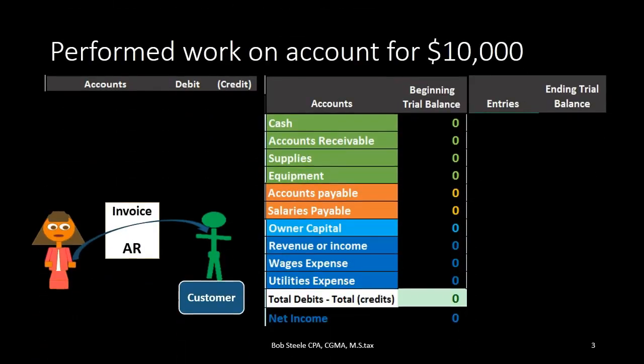We're going to be recording these transactions up here on the left-hand side, constructing those journal entries in accordance with our thought process, our list of questions to most efficiently construct the journal entries.